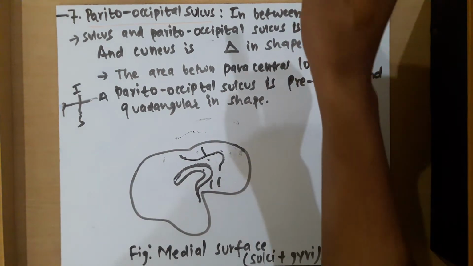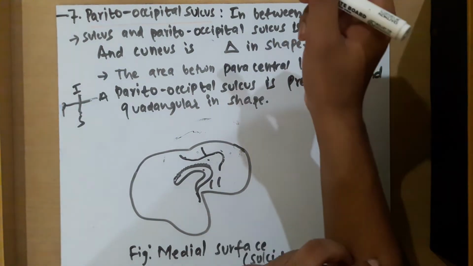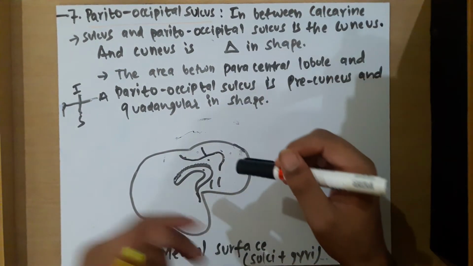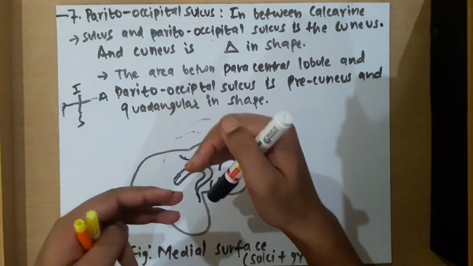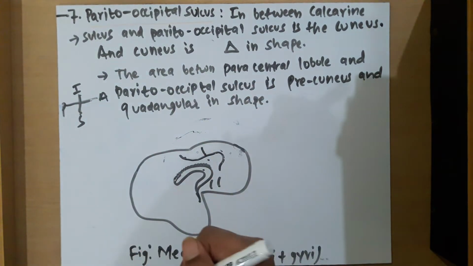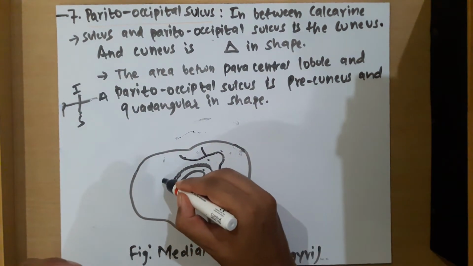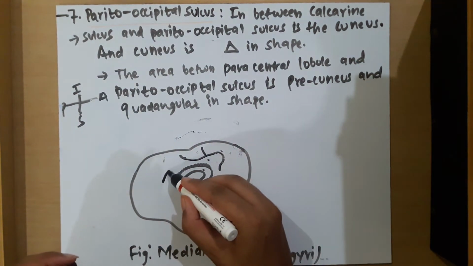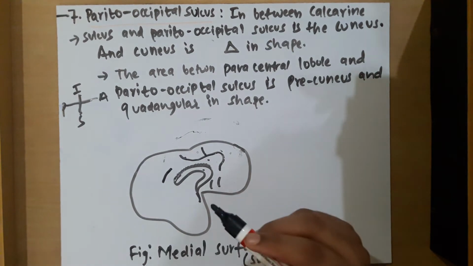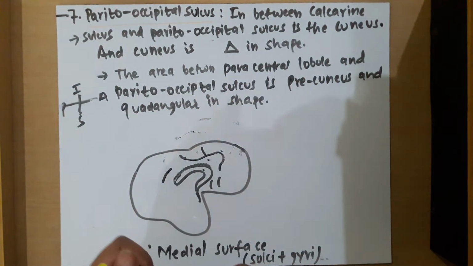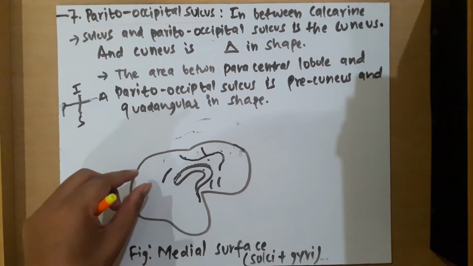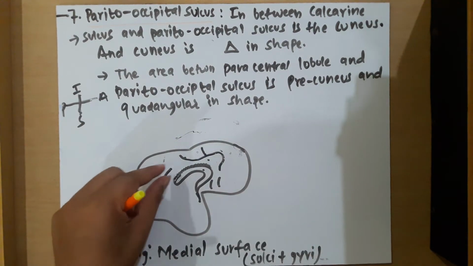So the suprasplenial sulcus is just above the splenium and is parallel to it. This is the suprasplenial sulcus. And we also told that it separates the precuneus from the cingulate gyrus.